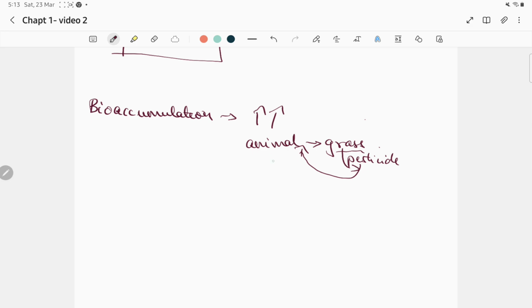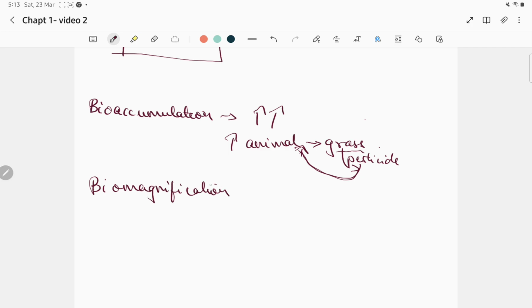This is the first step where the pesticide is entering the animal. So this is called bioaccumulation. When the animal is eating more grass, more pesticide it is taking inside the body. This is called bioaccumulation.